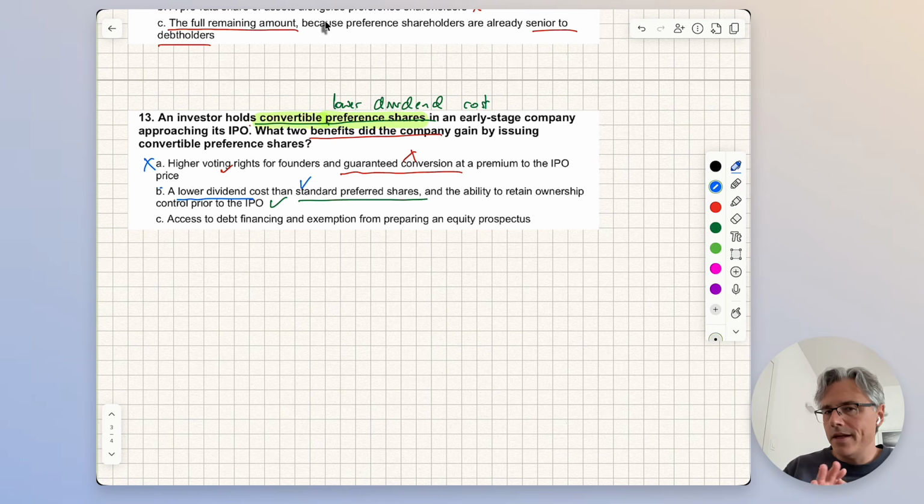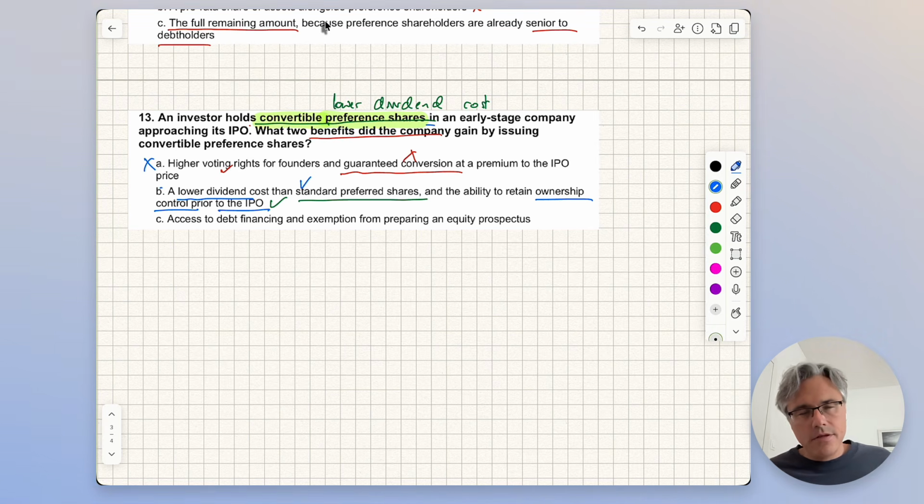You economize on that, and at the same time, you, as the founders, the original owners of the business, retain ownership control prior to the IPO in the sense that preference shares, including convertible preference shares, do not carry voting rights.